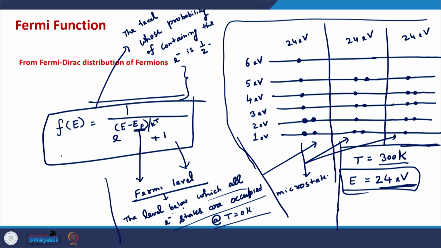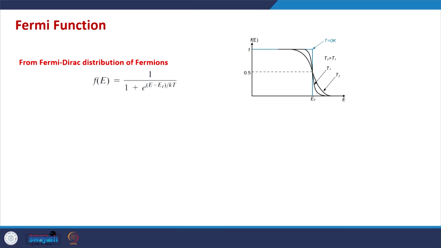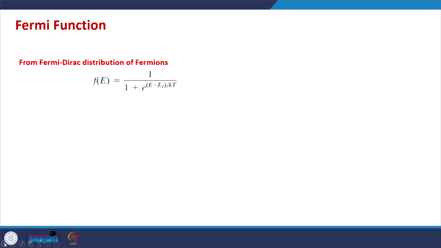Okay. So, now we will explicitly see what happens, how this Fermi level looks like, how the Fermi function looks like. So, if we plot the Fermi function, or if we try to see how the Fermi function at T equal to 0 Kelvin looks like.